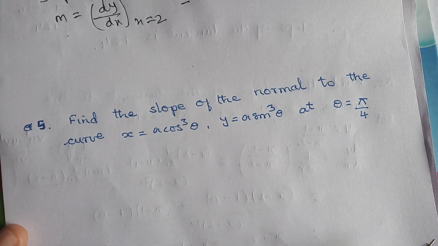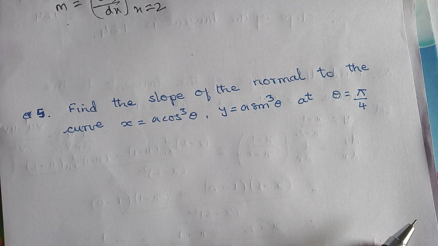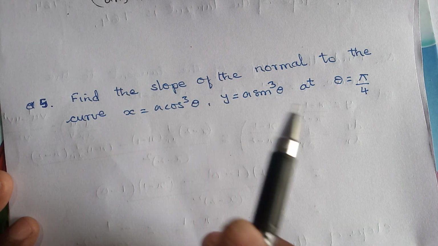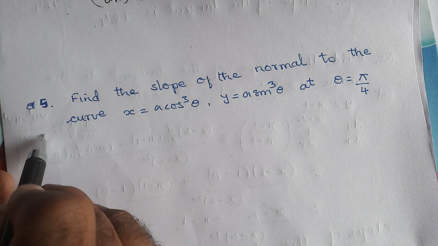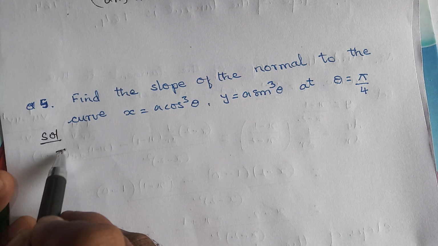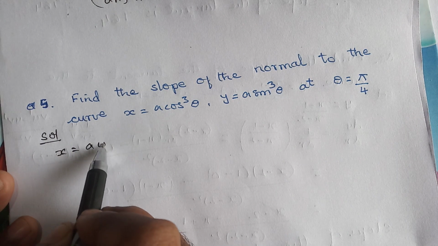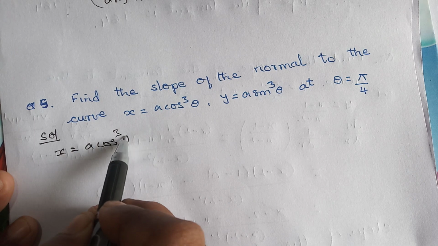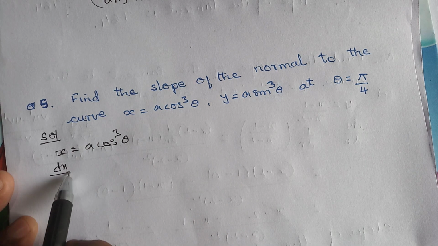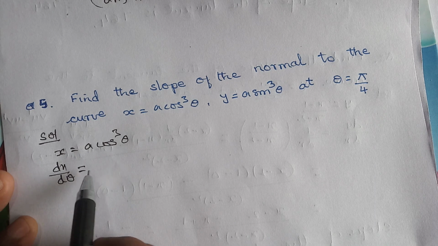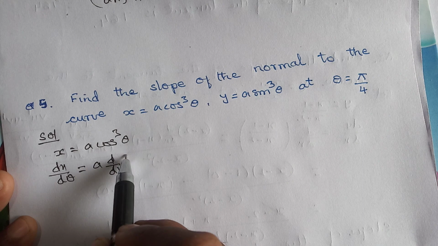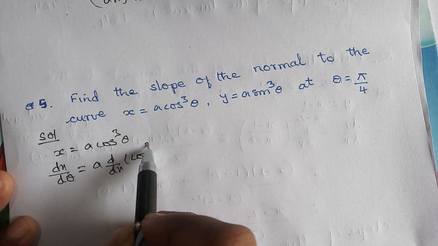Two functions are given, so you have to find the individual differentiation with respect to theta and substitute the value. Given x equal to a cos cube theta, differentiating with respect to theta on both sides, dx by d theta equals a, constant outside, d by d theta of cos cube theta.